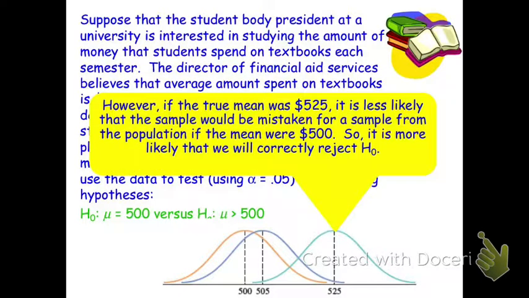So basically the 525 is going to give me more probability of power than the 505.